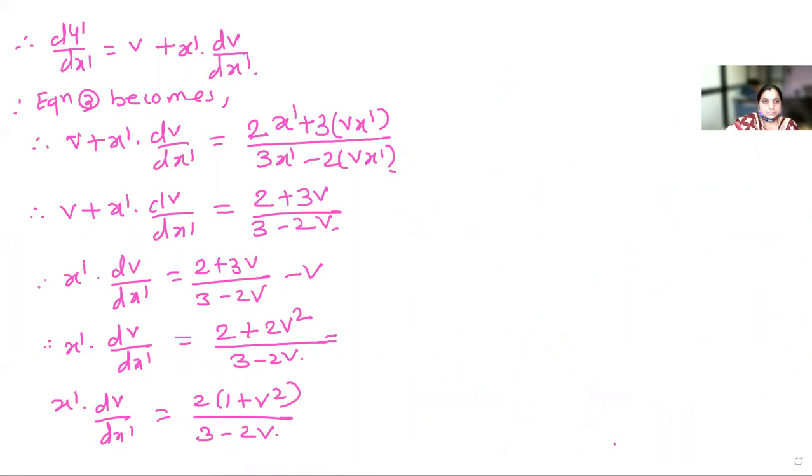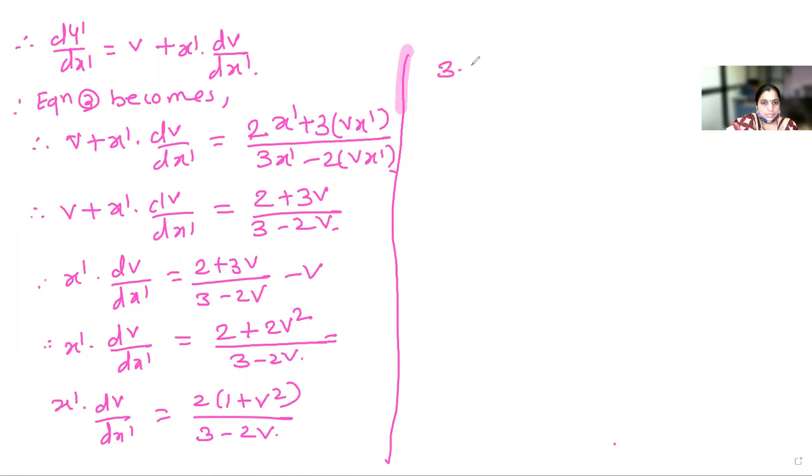Afterwards, we substitute y dash is equal to v into x dash, then your homogeneous equation is converted into variable separable form. Okay, so now obtain the variable separable form.